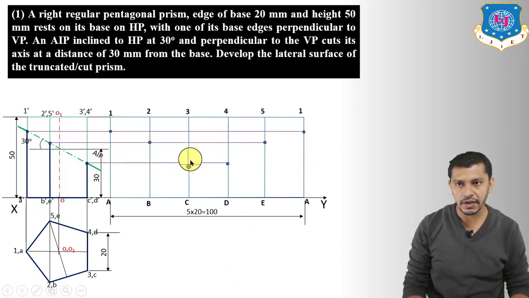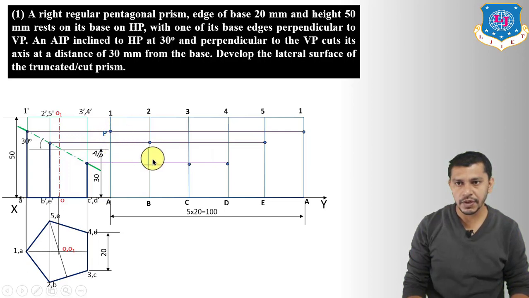Now project this point. It will intersect over here and give the intersection on the side edges 3C and D4. So the cutting plane is intersecting over here. Again, here the intersection is on two side edges, 3C and 4D. So mark this point.